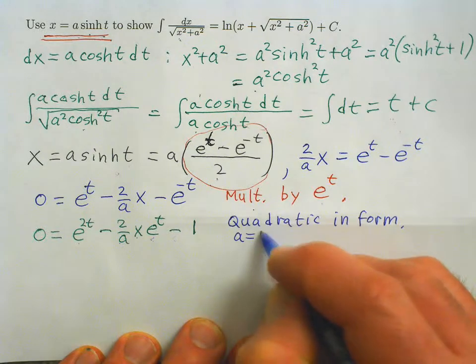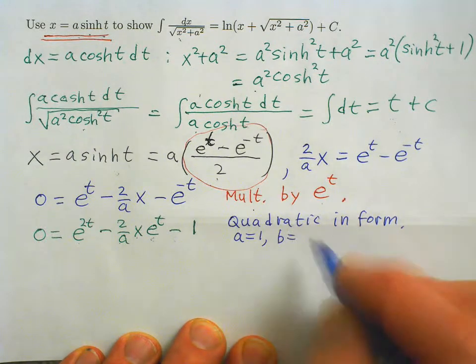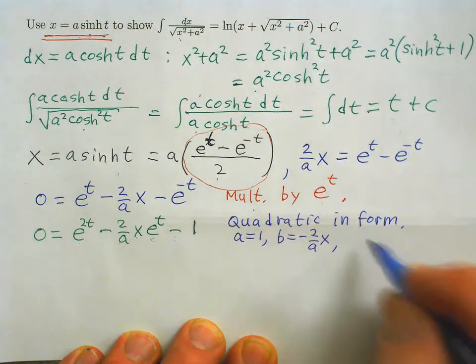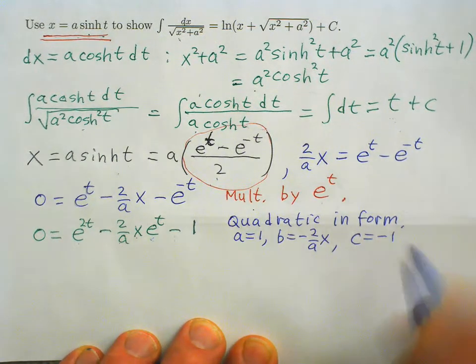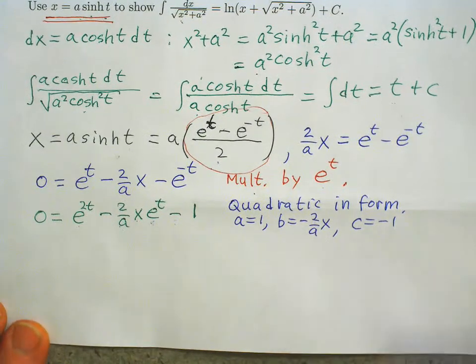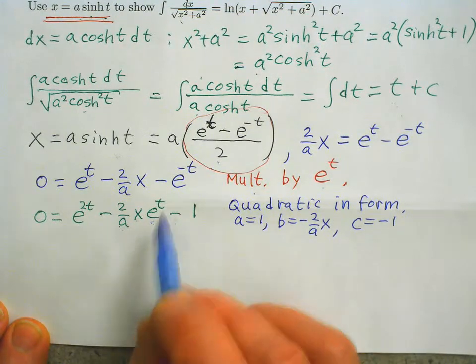So a is 1, b is negative 2x over a, c is negative 1. And the variable part that we're solving for is e to the t.